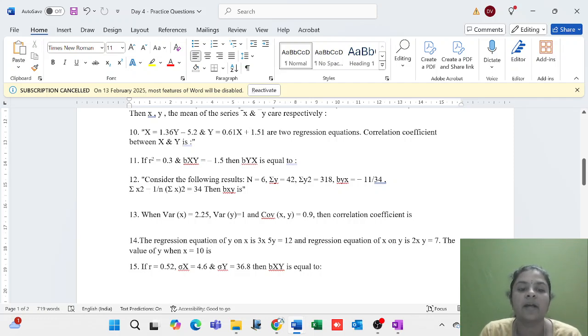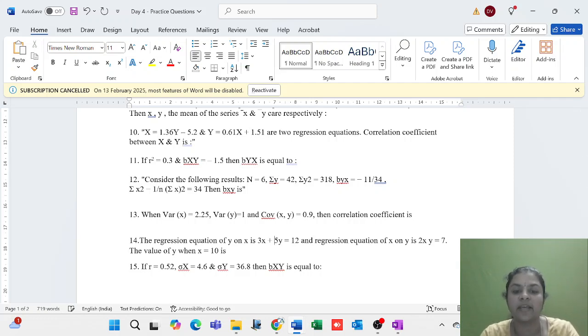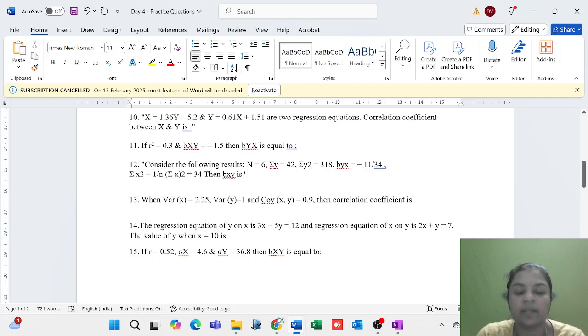14th, regression equation of y on x is 3x plus 5y is equal to 12 and x on y is 2x plus y equals 7. Find the value of y when x is 10. Now, this is what I told you, the most likely value kind of question. Now, how to find the value of y?